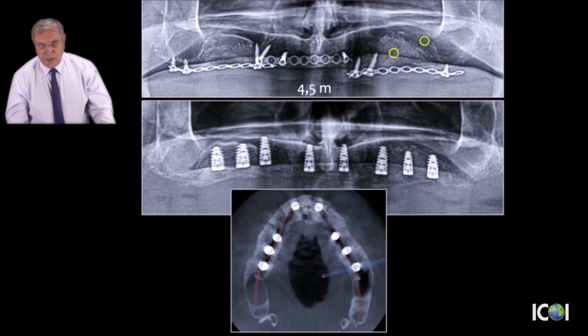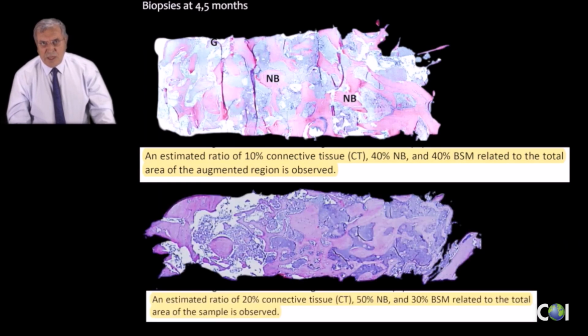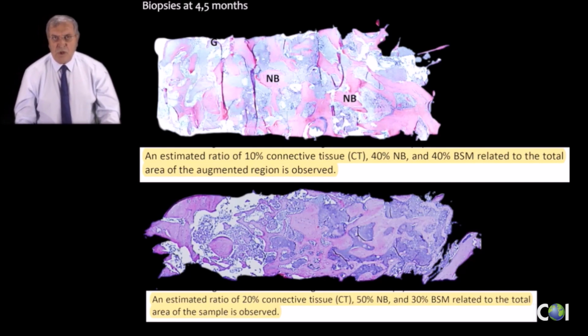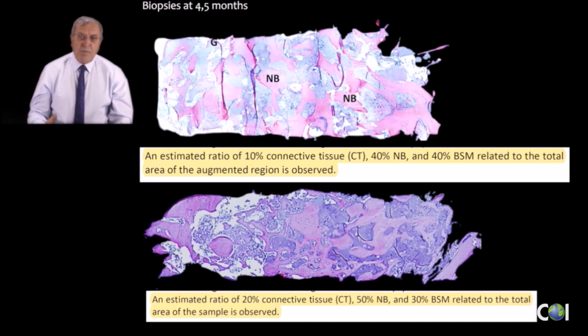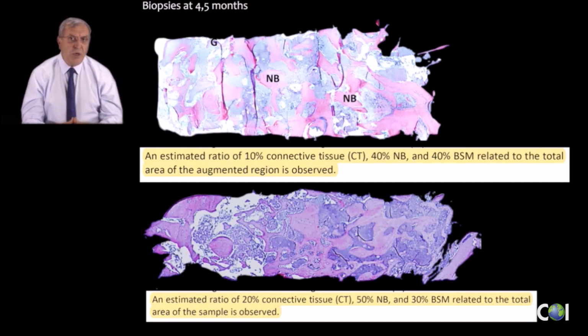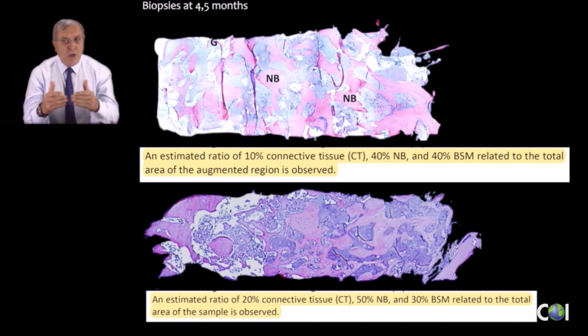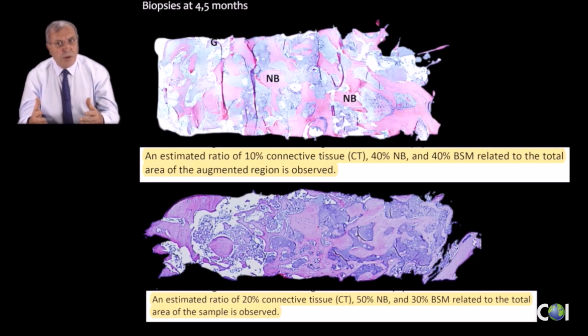First, this is the new ridge, but what do we see in the biopsies? We see that the connective tissue is very low. 10%, 10 to 20% of connective tissue. What does it mean? It means that if you do good surgery with much less oxidation, the competition, we know the competition between the connective tissue and the bone.